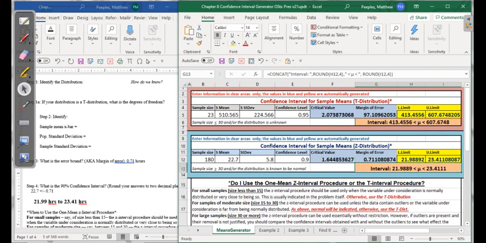The interval itself that we're interested in is found by taking our mean from our sample, 22.7 hours, and adding or subtracting that margin of error of 0.71. So when we do that, we get 21.99 hours and 23.41 hours.